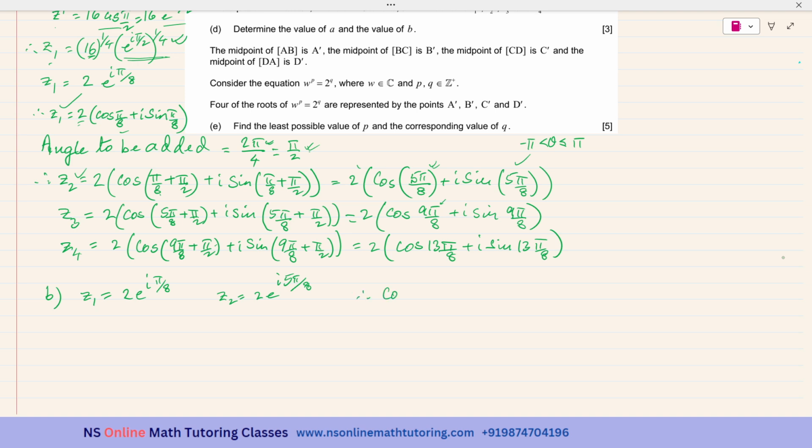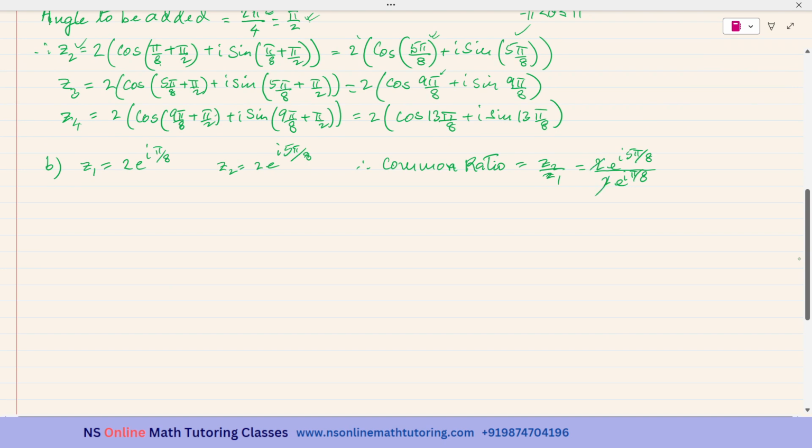Therefore, common ratio equal to Z2 over Z1, equal to 2 e to the power of I 5 pi over 8 divided by 2 e to the power of I pi over 8, and the 2's will be cancelling, and it will be e to the power of I 5 pi over 8 minus I pi over 8.